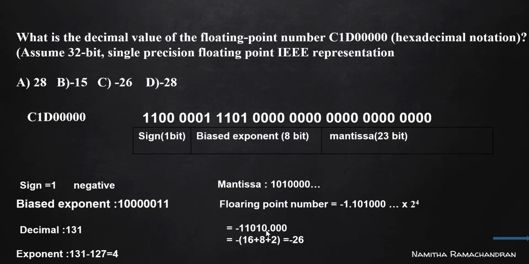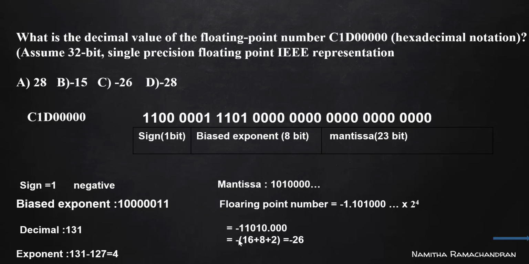Now, this 0 is at the 1's position, that is 2 to the power 0 into 0, plus 2 to the power 1 into 1, that is 2. Plus, here again 0. And next we have 1, that is 2 to the power 3 into 1, that is 8. Plus 2 to the power 4 into 1, that is 16.